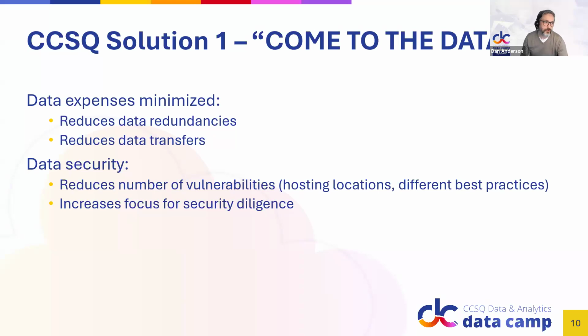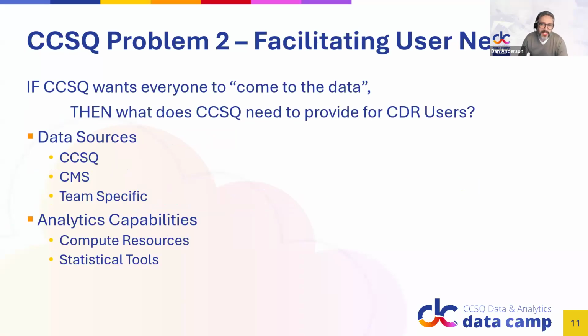So great, we're going to have everyone come to the data. Well, what does that actually then mean for our users? If CCSQ wants everyone to come to the data, then what does CCSQ need to provide for the users of the CDR?